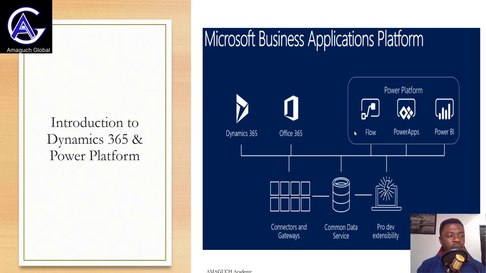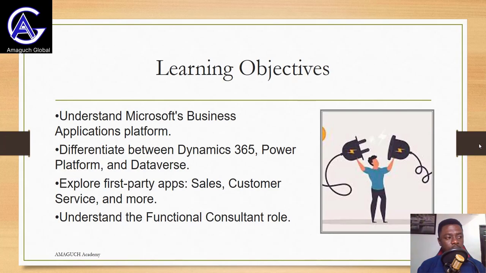We now have connectors that connect this customer facing end to the data sources. The core of them is the common data service, which is Dataverse, Microsoft Dataverse. You also have connections to other data sources.